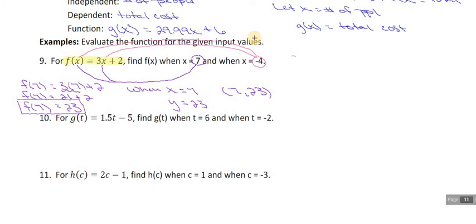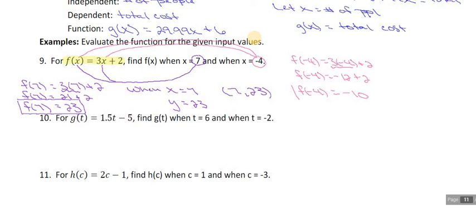So f of -4, showing we're plugging -4 in wherever we see an x, is equal to 3 times -4 plus 2. Following PEMDAS, 3 times -4 is -12, plus 2 is -10. So f of -4 equals -10.